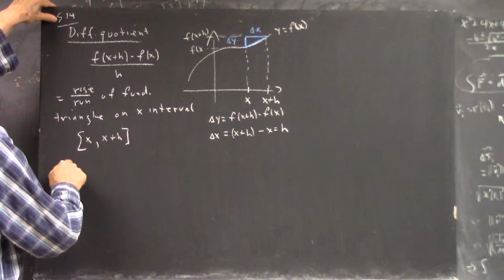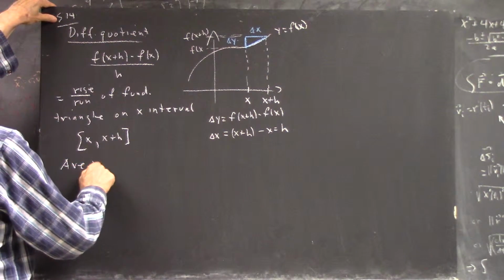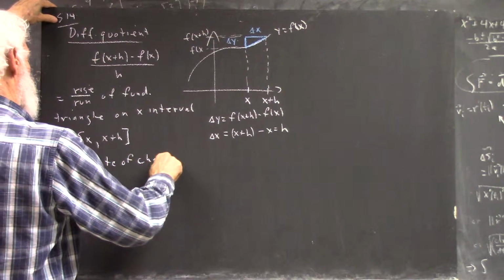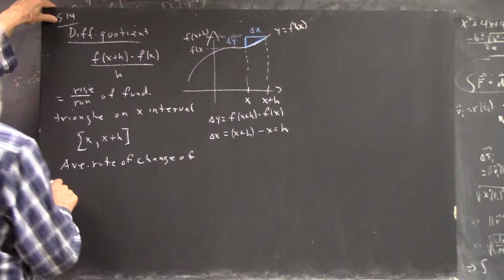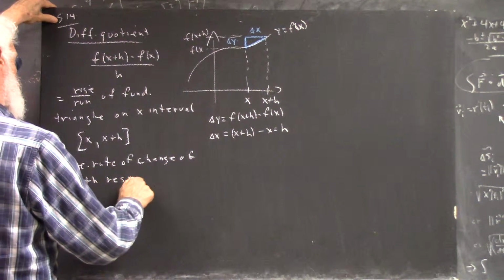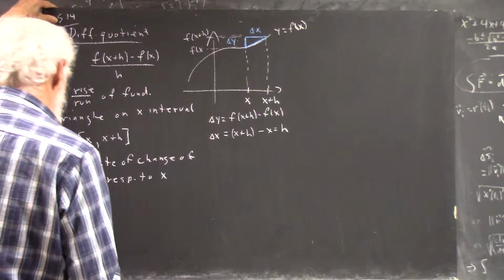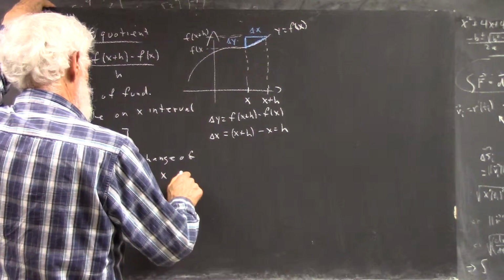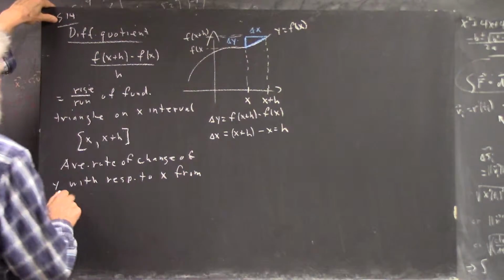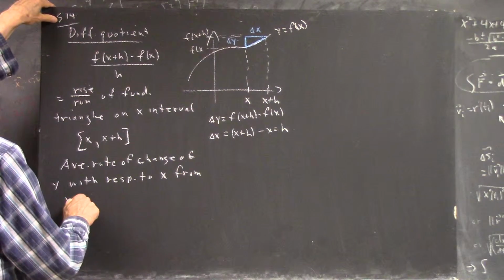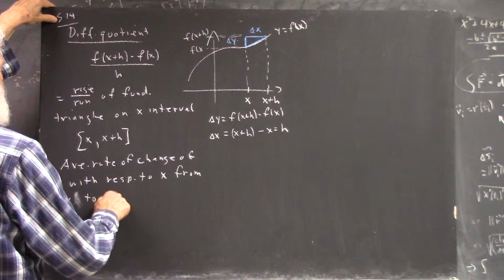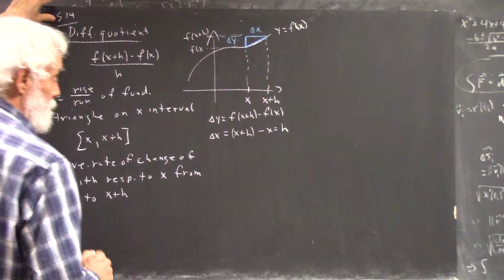It's therefore the average rate of change of y with respect to x from x to x plus h. Okay?